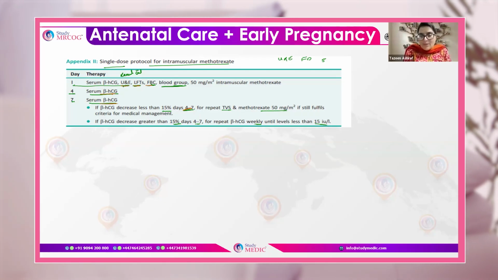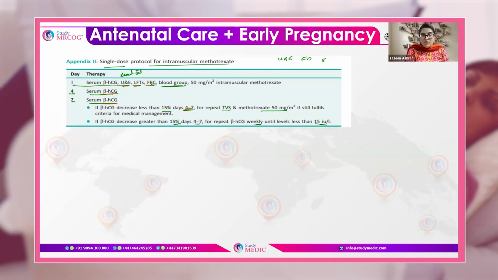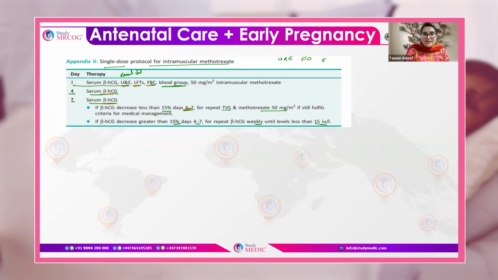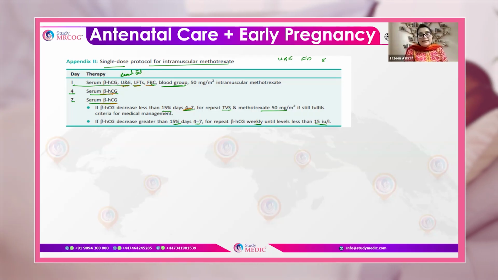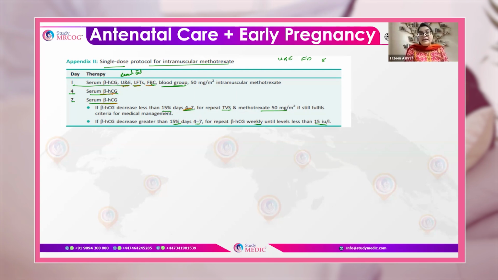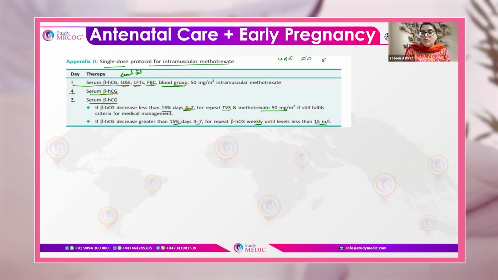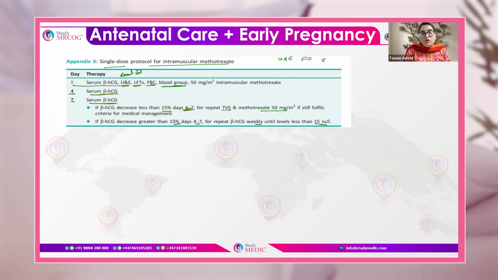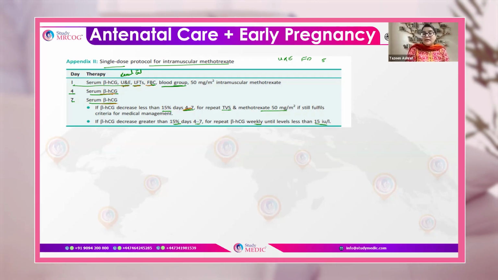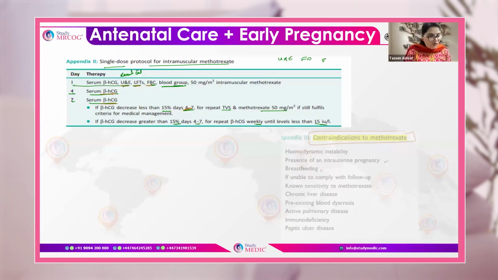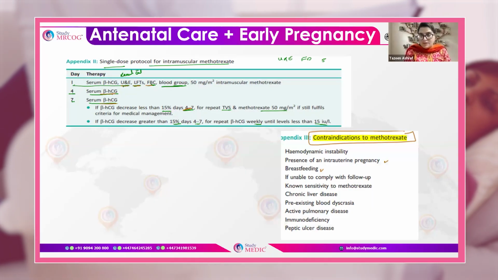Okay, so what are we doing on the follow-up, we are measuring beta HCG levels, and the criteria to see whether the patient needs another dose of methotrexate or not needing any further dose would be the fall in the beta HCG levels, less than 15% or more than 15%.